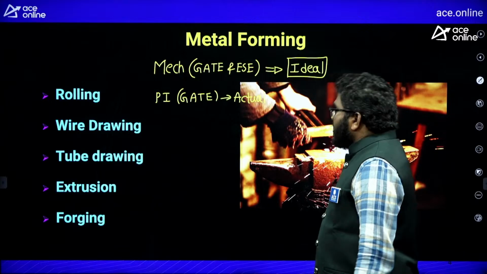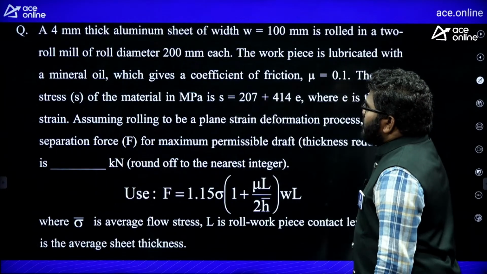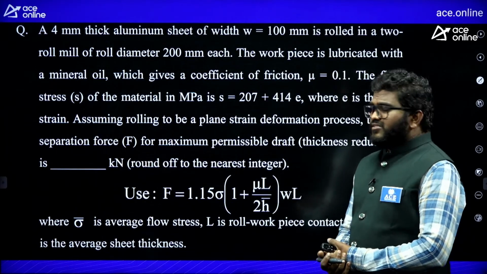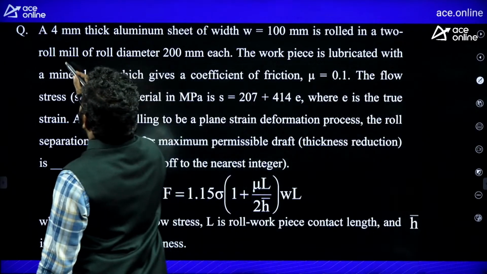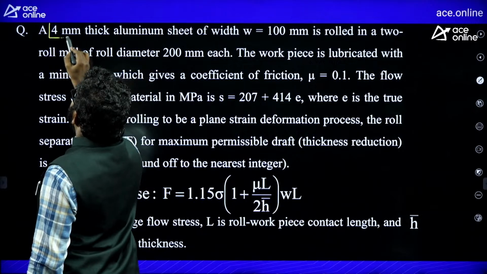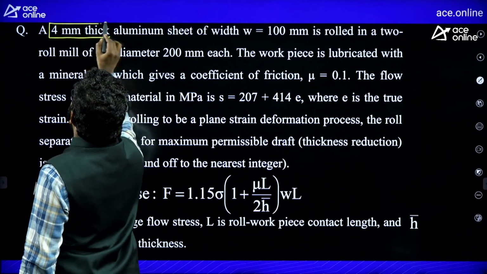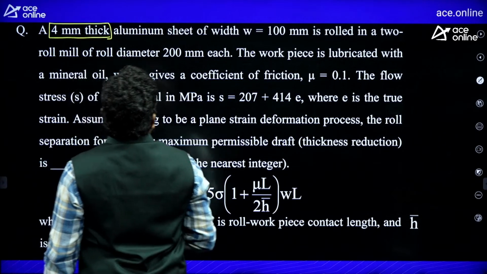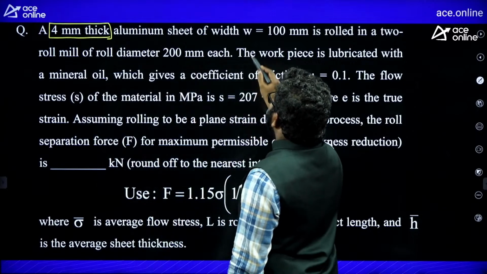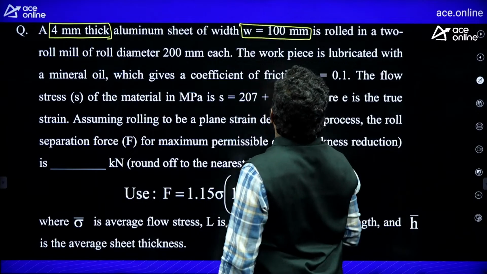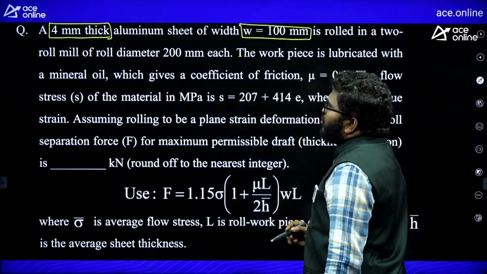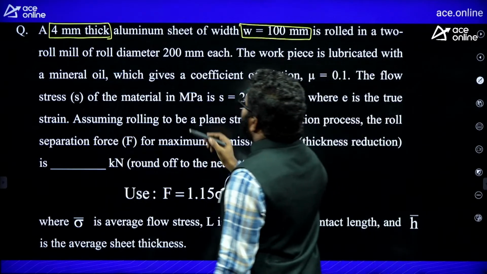Now, the first question is a rolling operation. A 4 mm thick aluminum sheet, so the initial thickness is 4 mm, and the width is 100 mm, is rolled in a 2-roll mill of diameter 200 mm.